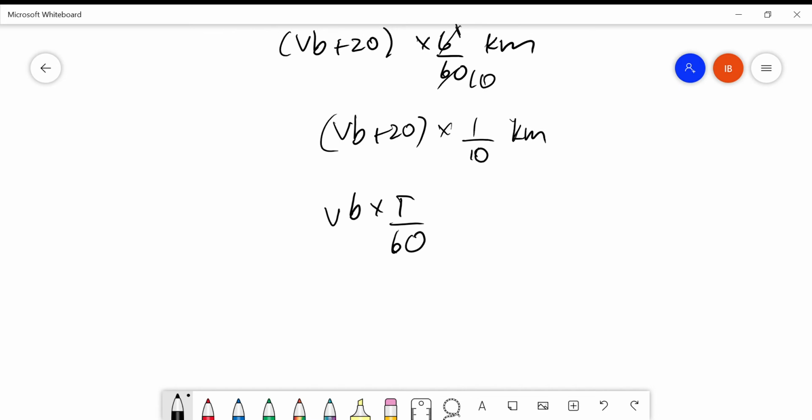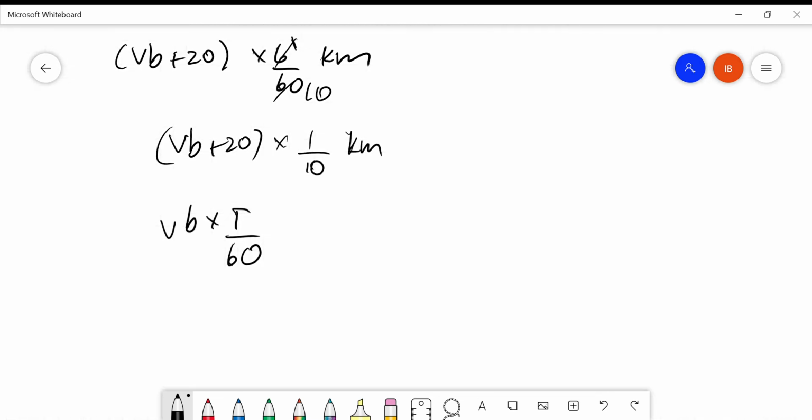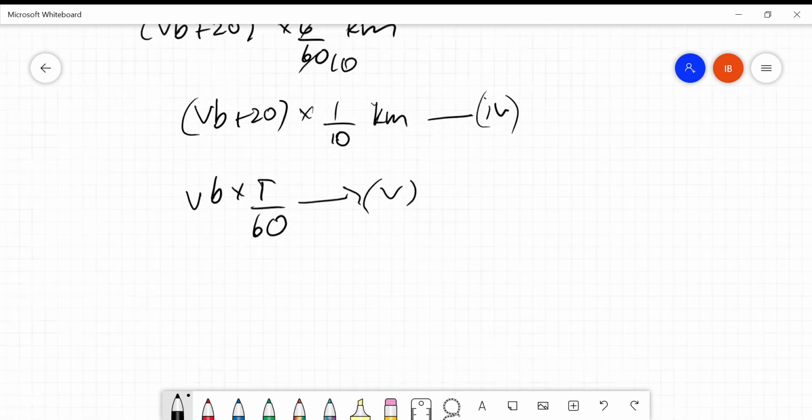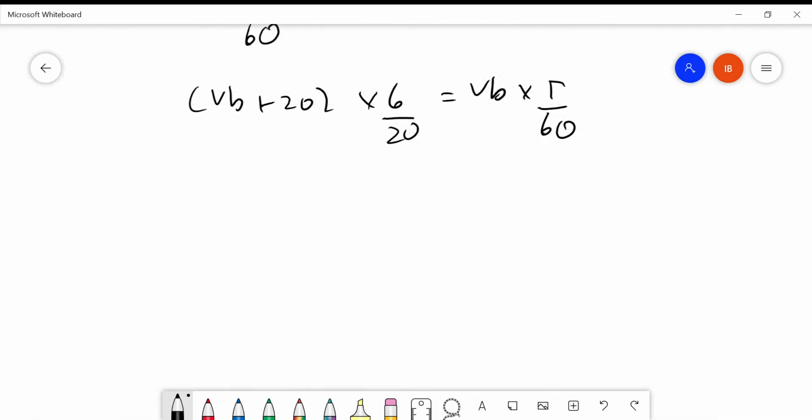And from equation 4 and 5, equation 4 is this, and this is equation 5. From that we get VB plus 20 into 60 by 20 is equal to VB into time interval divided by 60, and that is VB plus 20 is equal to VB into t by 6.